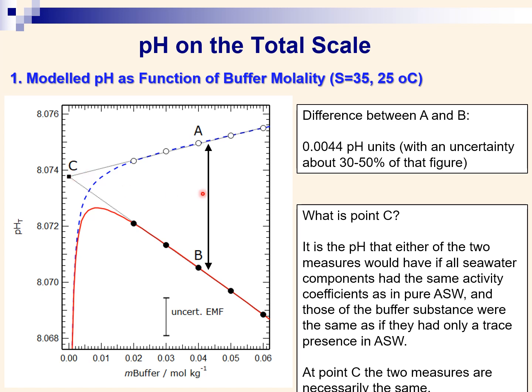Now, more exactly, it's the pH that either of the two measures would have if all seawater components, or artificial seawater components, had the same activity coefficients as in pure artificial seawater, and those of the buffer substance were the same as if they had only a trace presence in the artificial seawater. At point C, the values, the pHs, of the two measures, operational pH and thermodynamic pH, are necessarily the same.